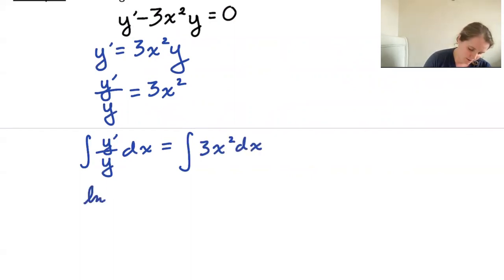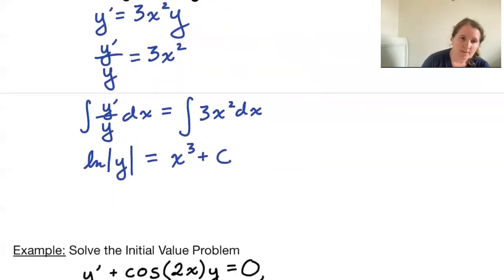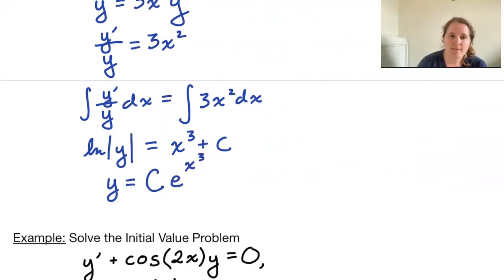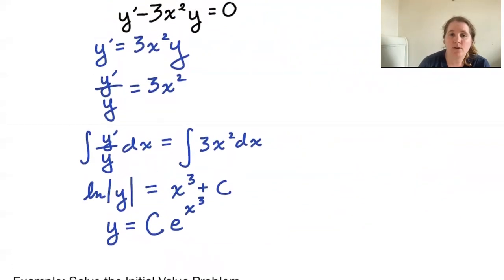This again is the natural log of the absolute value of y is equal to x cubed plus c. So this becomes y is equal to capital C e to the x cubed. Again, that is precisely y equals C e to the negative integral of negative 3x squared, as we found in our formula we should get.